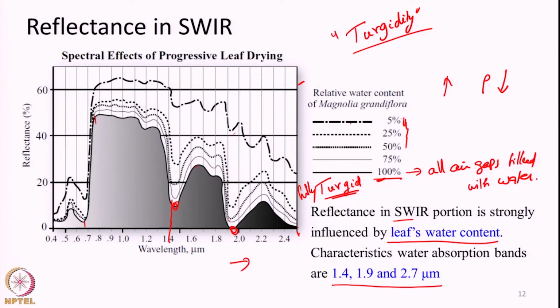And as we move higher and higher, say we go to this 5% curve, the dotted line at the top, reflectance is very high in the SWIR portion, and the characteristic dips seen around 1.4 and 1.9 micrometers are almost absent, present only very minimally.